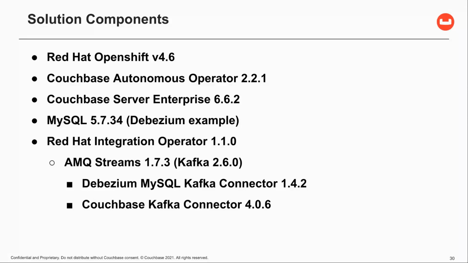We're using the Red Hat Integration operator 1.1.0, also installed via the OperatorHub, and that was used to install the AMQ Streams 1.7.3 operator. Finally, we have Kafka 2.6.0 and Kafka Connect. The Kafka Connect container image was built by adding the Debezium MySQL connector and the Couchbase Kafka connector.